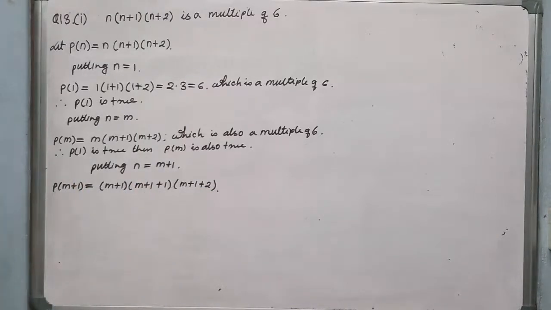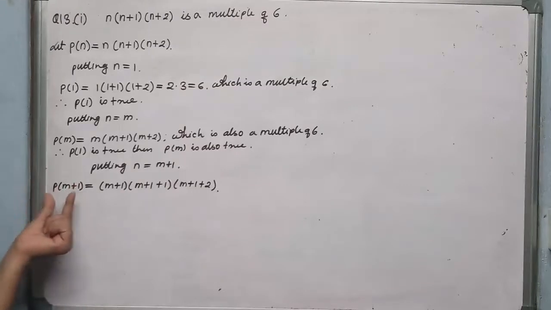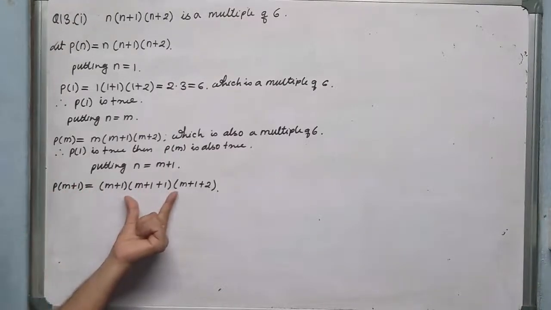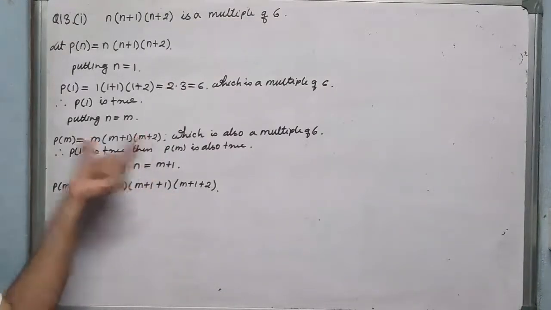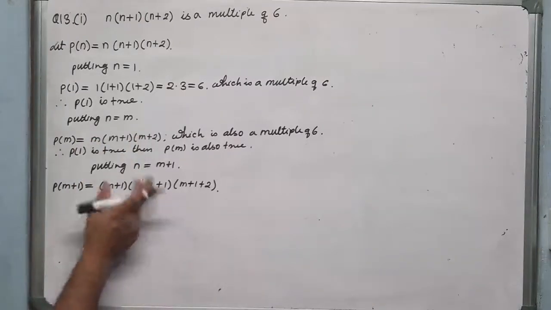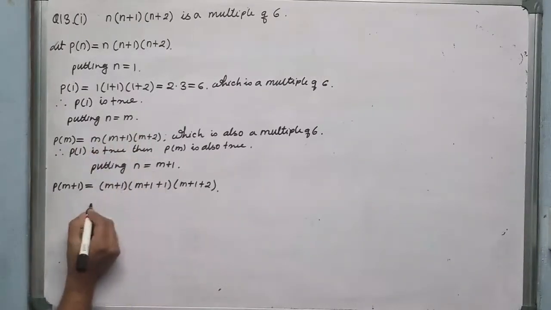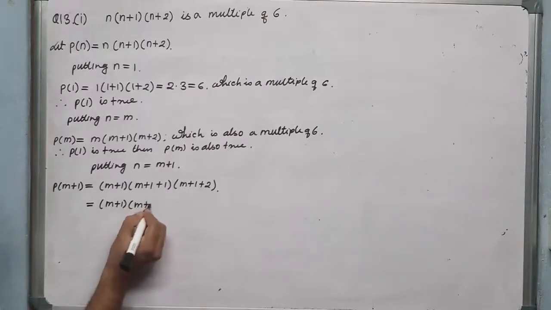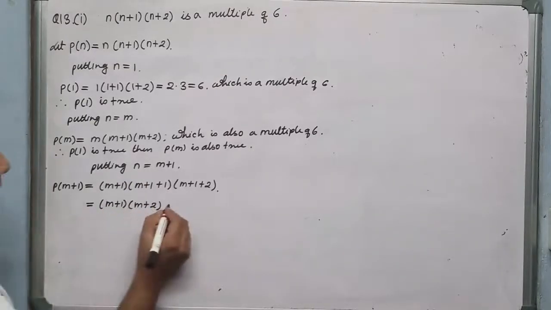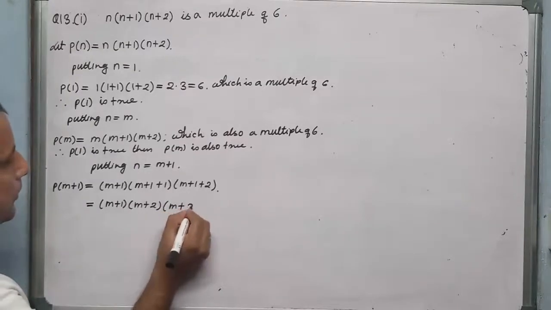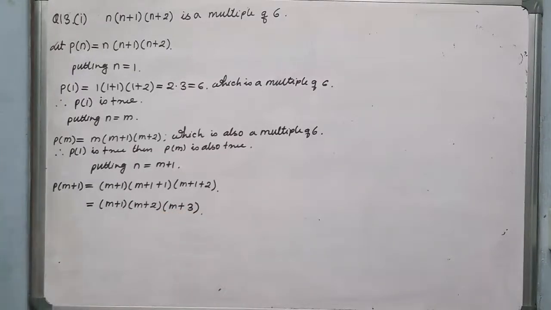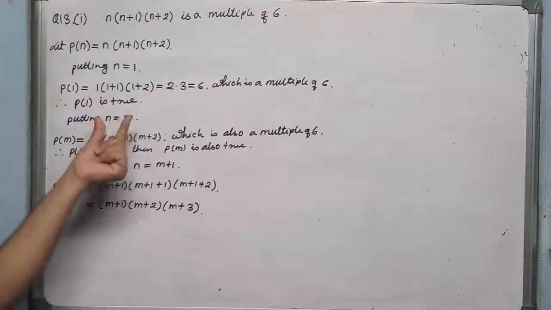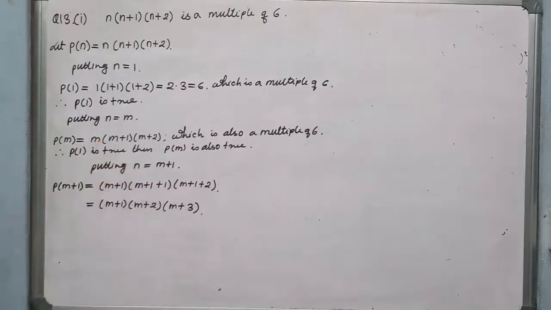Now in this type of problem, in the case of Pm plus 1, you have to manage this Pm series. Try to find the Pm series over here. Now m plus 1, then m plus 2 into m plus 3. Now I'll try to manage this quantity, the m series.